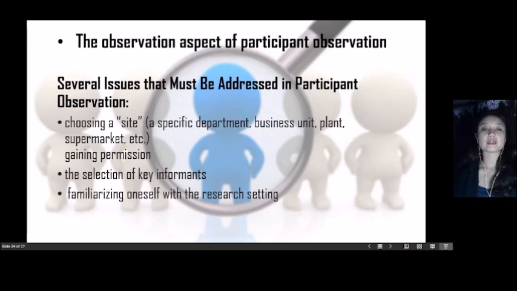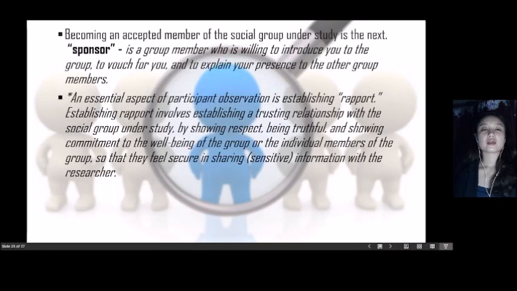Fourth, familiarizing oneself with the research setting. Becoming an accepted member of the social group under study is the next, in which a sponsor, who is a group member who is willing to introduce you to the group, to vouch for you, and to explain your presence to the other group members. An essential aspect of participant observation is establishing rapport.